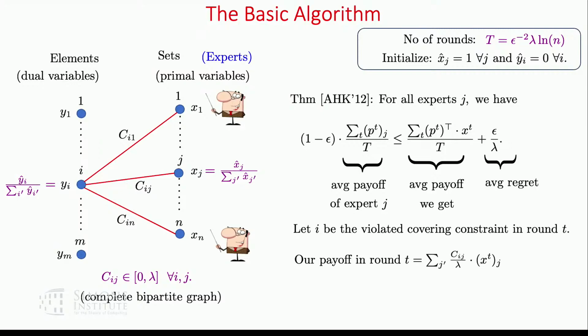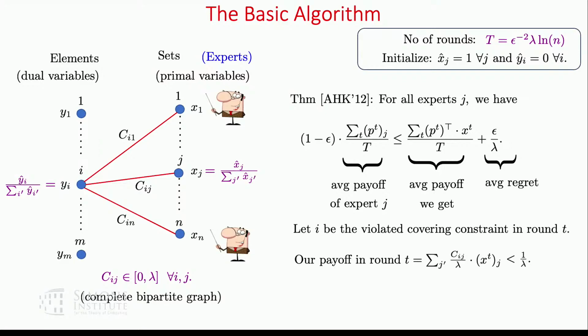Expert J is being selected with probability xj. So this t just denotes that we are in round t. And its payoff is just Cij over lambda. And we chose a violated covering constraint in round t. That just means that the sum of these Cij values over all j is at most 1. That covering constraint was violated. So our expected payoff is at most 1 over lambda.